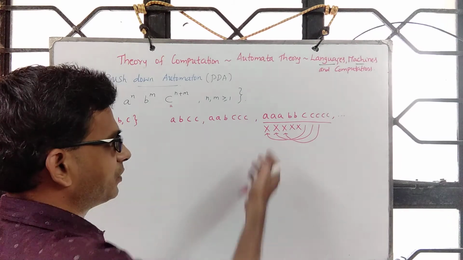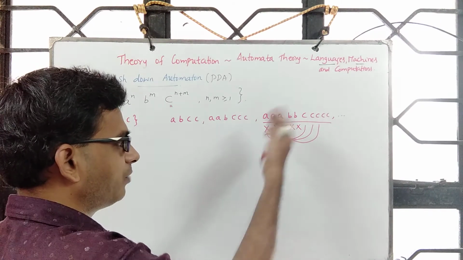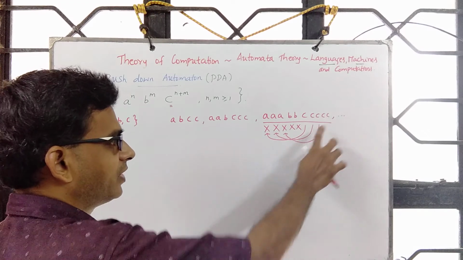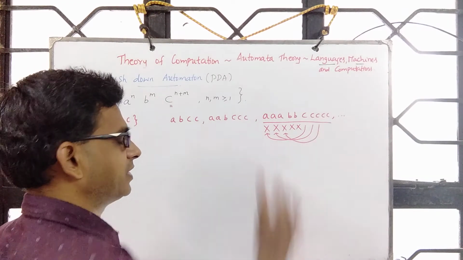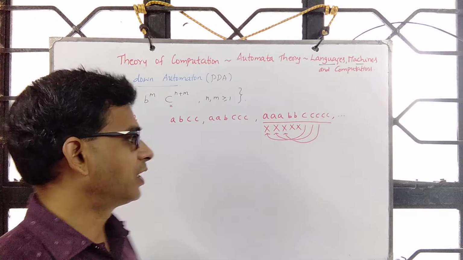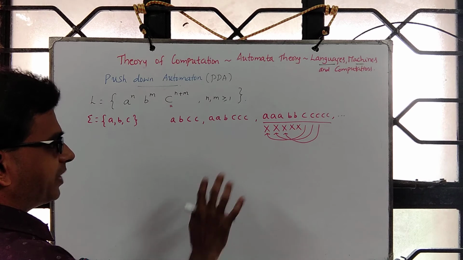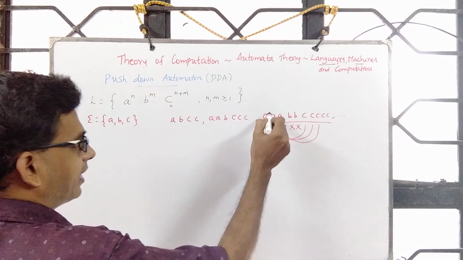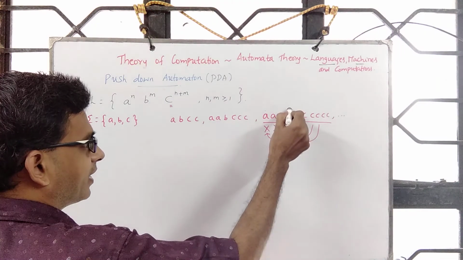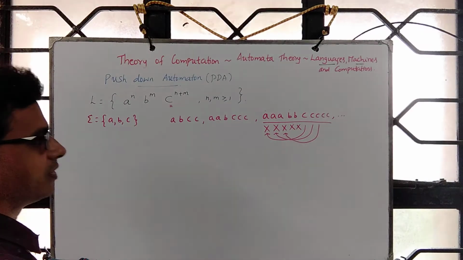Okay, so it may so happen that you may read more A's than B's, or you may read more B's than A's. All that is immaterial as far as C is concerned. C is only interested in the count. Fine. And as part of design, we should only ensure that we read at least one A and at least one B before we start reading C's.